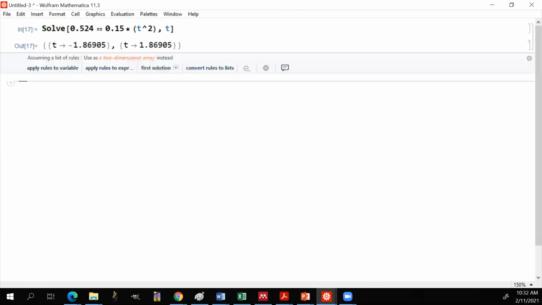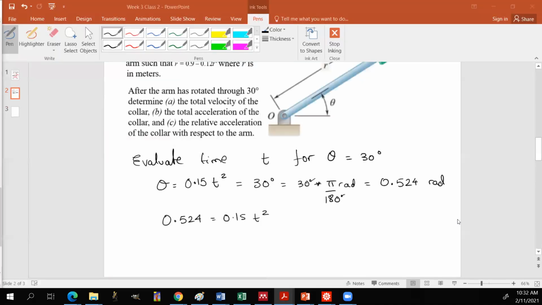Easy peasy. That's it. You get your answer. Obviously, time can't be negative, so you take the positive time, right? So time t is equal to 1.869 seconds.